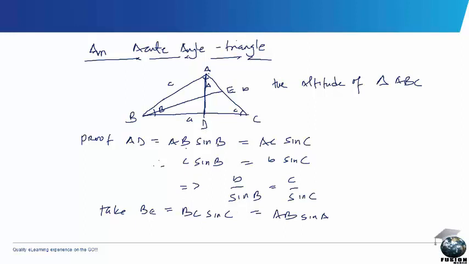So from the triangle you find out BE is equal to a sine C, and also equal to c sine A. And so we have a relationship here. From this point we can say that a sine C is equal to c sine A.